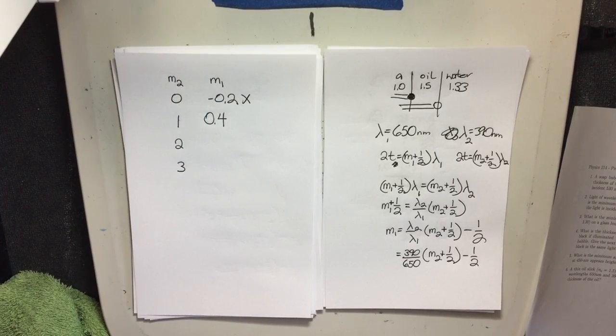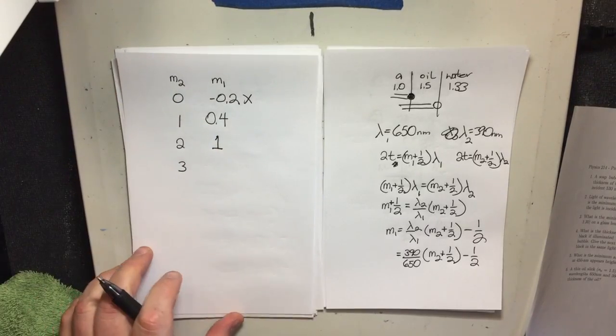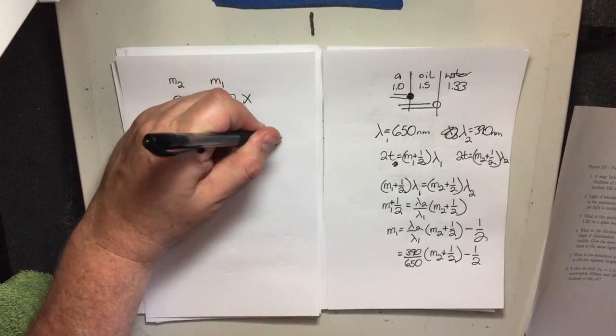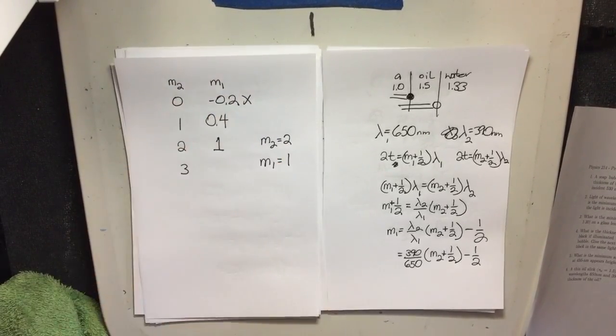M2 is 2. And actually, if I see the pattern, I can kind of figure out what it's going to be. And I get an M1 of 1. So M2 is equal to 2, and M1 is equal to 1.